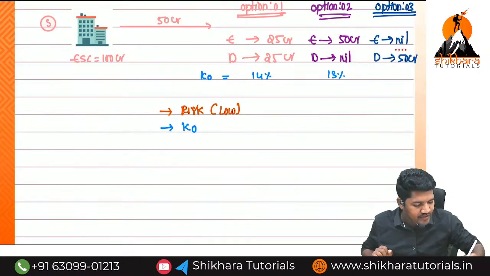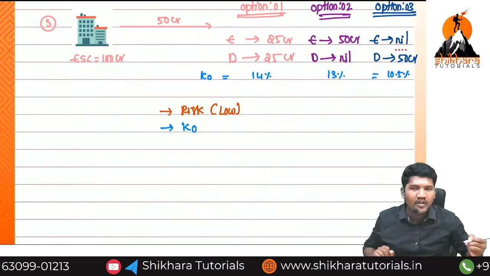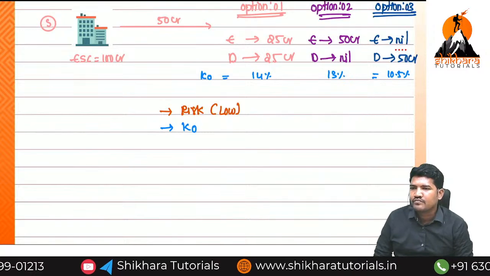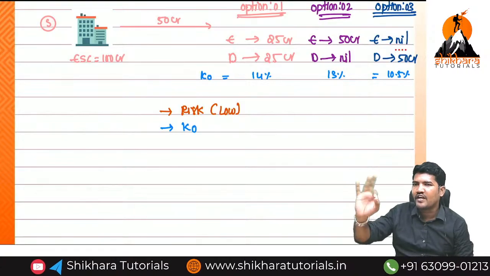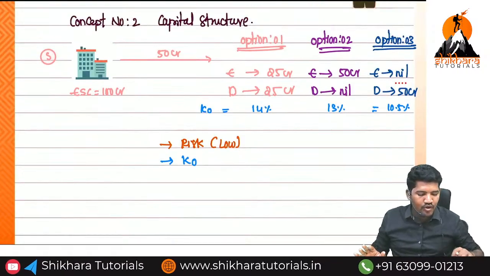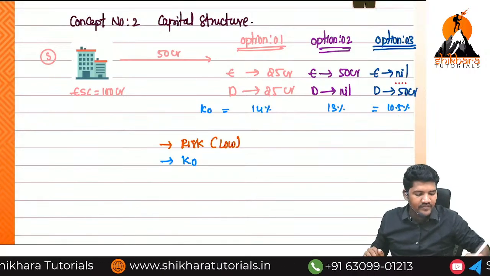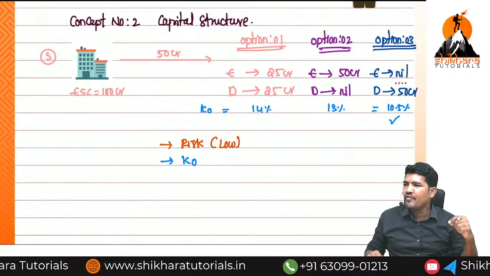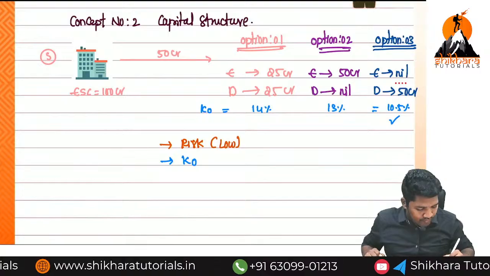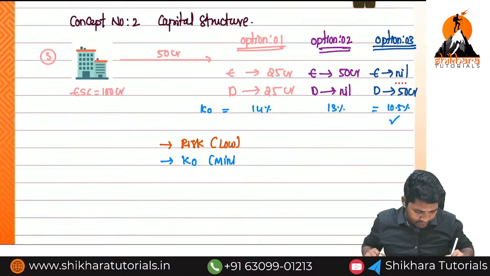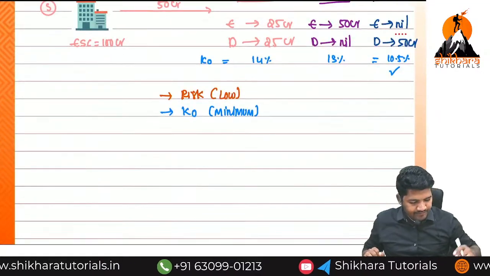If you pick this option, 10.5%. Now, where is your KO low? Option 3. Are you focusing on risk or KO? Just KO. Forget about the risk. Now, out of these options, which one is the optimal capital structure? Option 3. Based on this only, we will decide which one is the optimal. Clear? Now, KO, minimum or maximum? KO must be minimum.